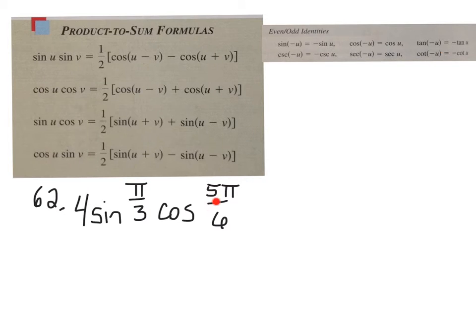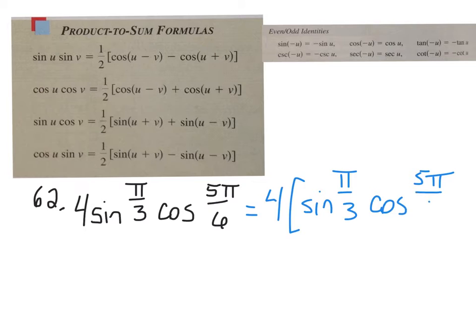You're just matching these up with the correct one of these formulas and simplifying, plugging things in, then simplifying, I guess. So the first thing I'm going to do is rewrite it so that the 4 is kind of separated. None of these formulas have anything multiplied out front.